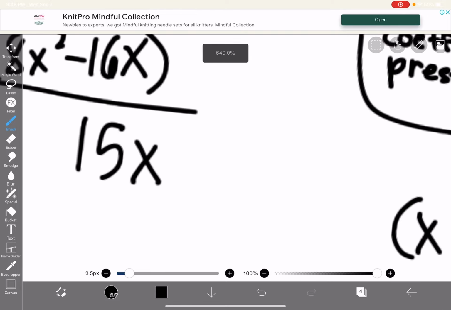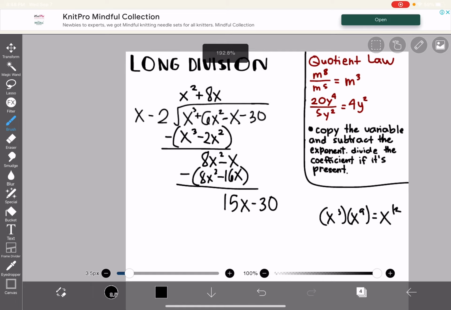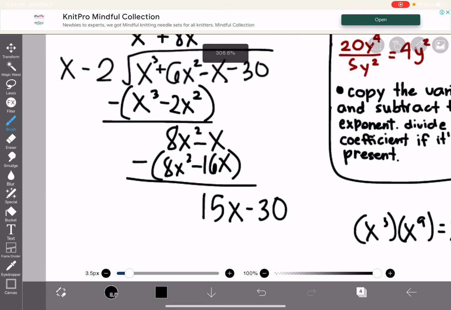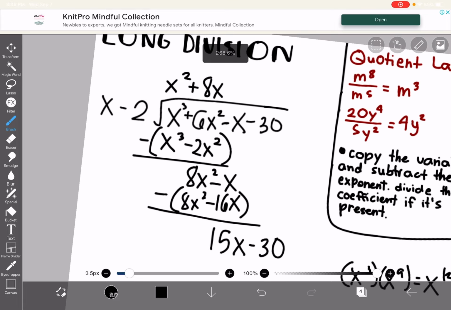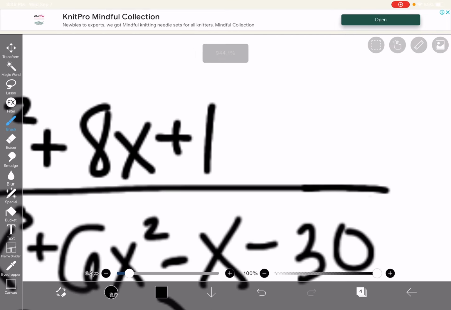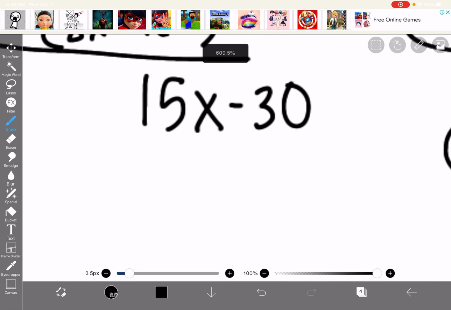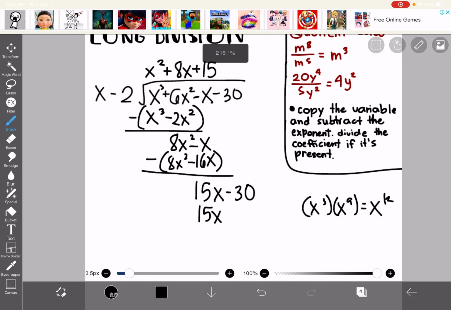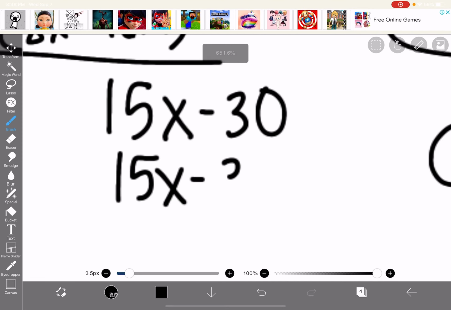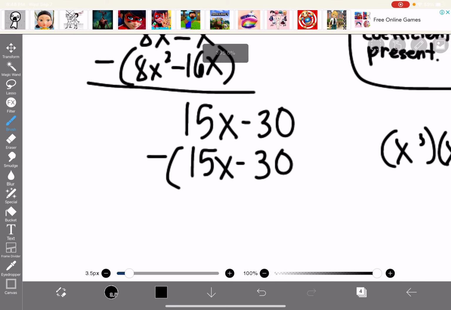Let's bring down negative 30. 15x divided by x. We cancel out the x's, which leaves us with 15. 15 times x, 15x. 15 times negative 2, we have negative 30. Let's solve.